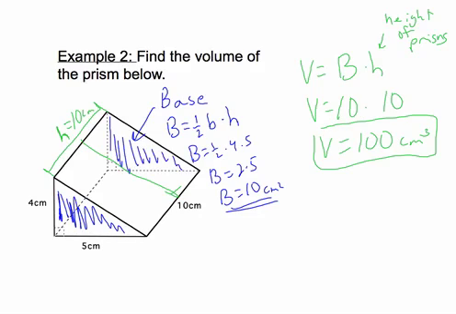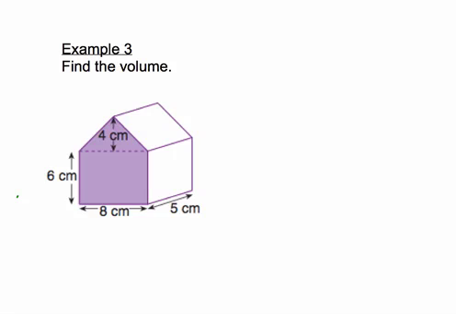Okay, so next we're going to do a compound figure, a compound solid here. We have like a little house, but you'll notice that we have a rectangular prism on the bottom and a triangular prism on the top.